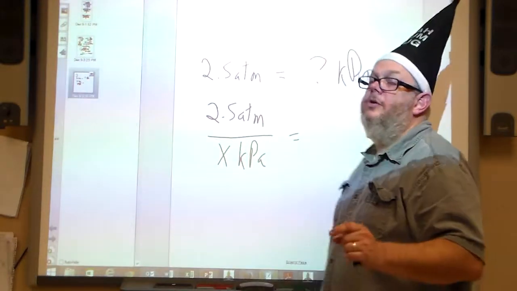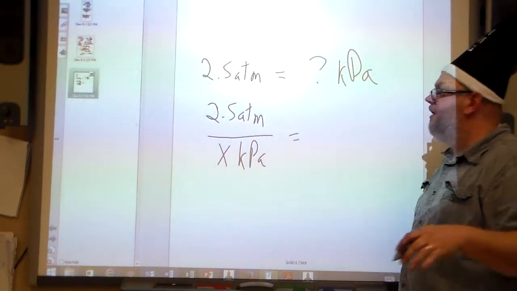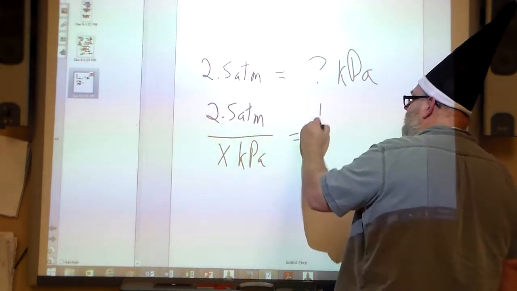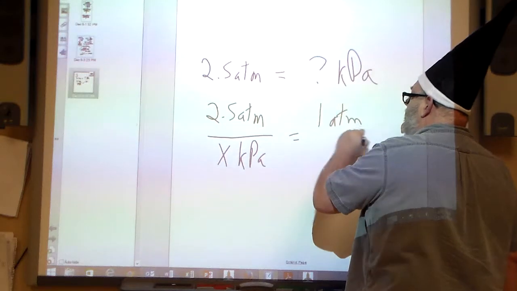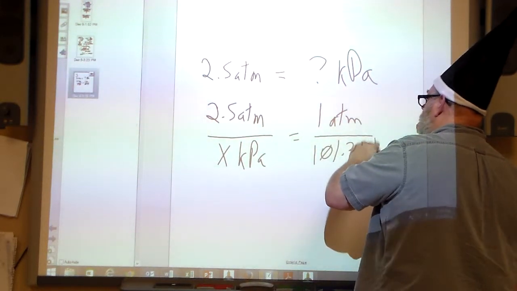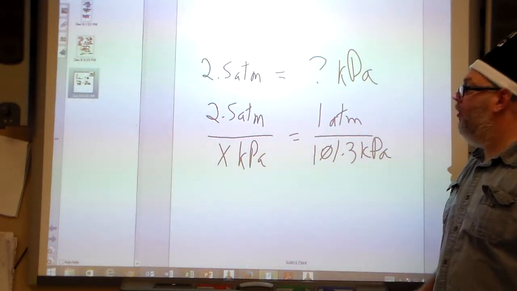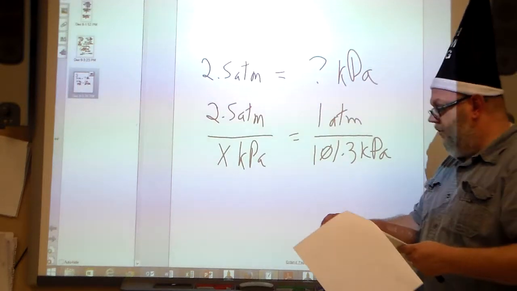Somebody was knocking on the door. So you have to pay attention to what is exactly at sea level. At sea level, we have 1 atmosphere over 101.3 kilopascals. Solve for X. That's all that you would need to do to convert.